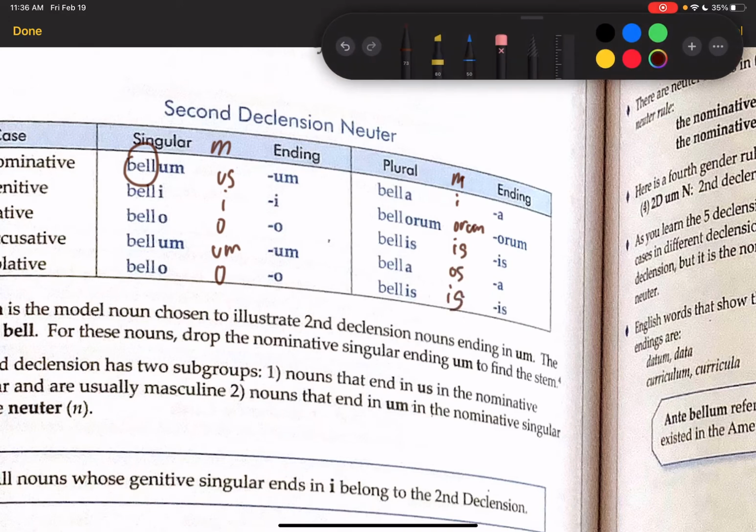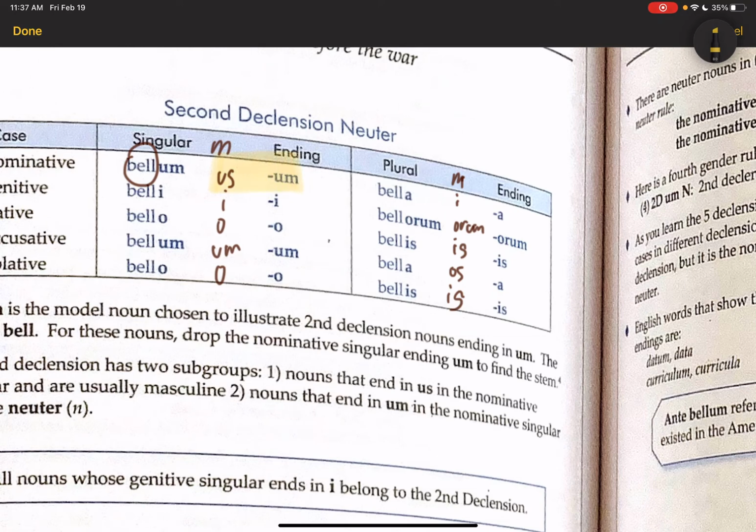Now, if you look at it side by side, you can tell that the only differences between the masculine and the neuter endings are the nominative singular and the nominative plural and the accusative plural. All right. So we have in the masculine us, in the neuter um, and in the plural we have i and os in the masculine, but we have a and a in the neuter.